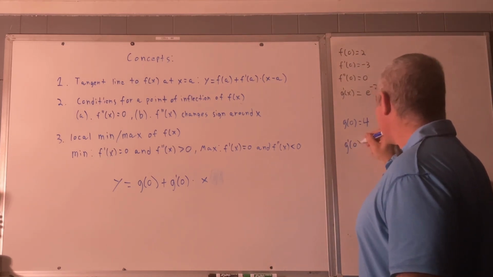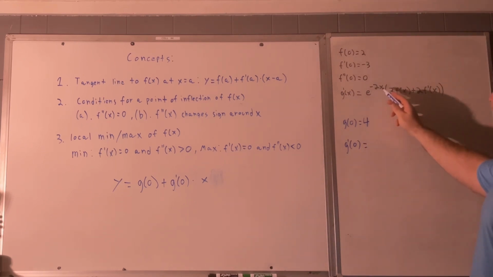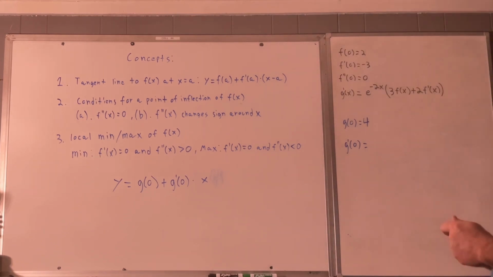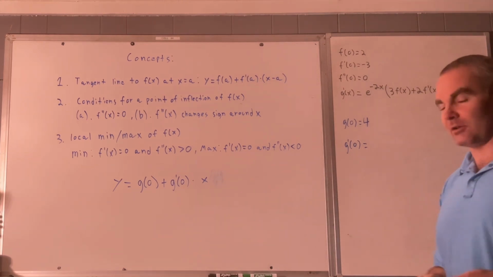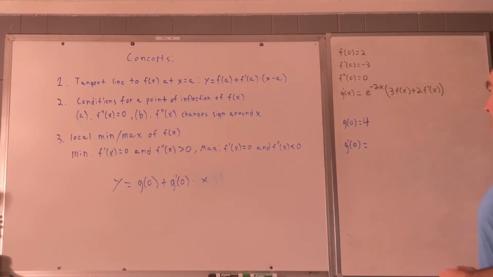So g prime of 0 is equal to e to the negative 0, or e to the 0. This is another concept you need to know, that any constant raised to the 0 power is going to be 1. I'm not going to write that down because you should know that.